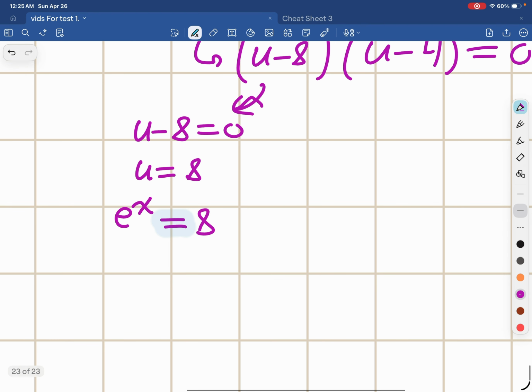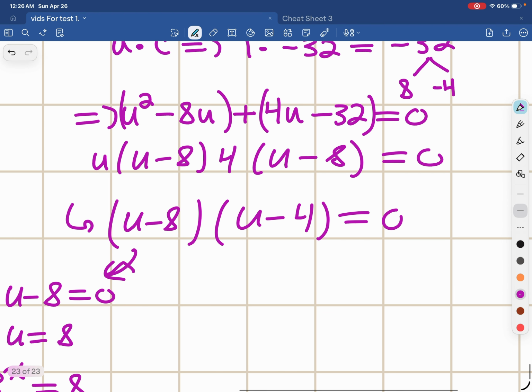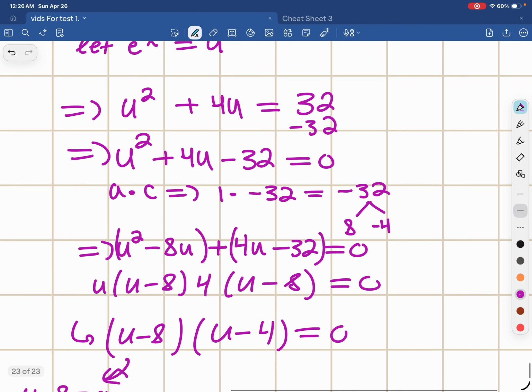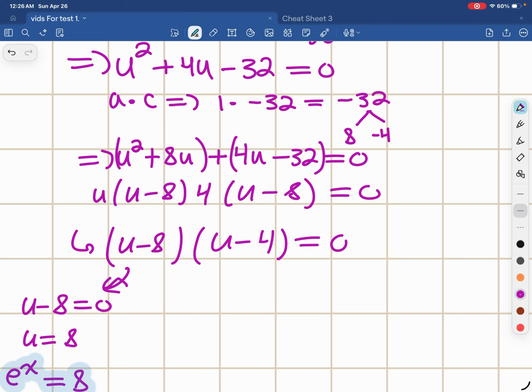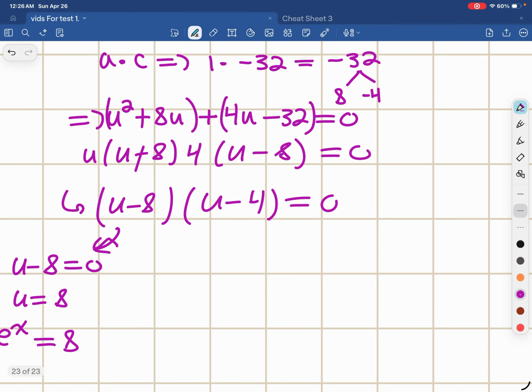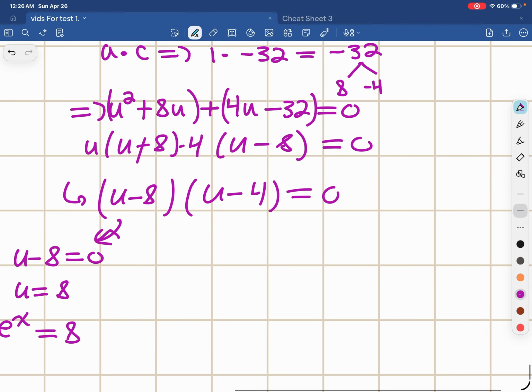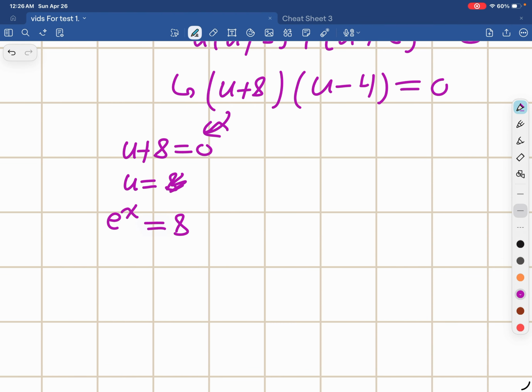Oh, this should actually be, hold on, I apologize, I messed up my math. Yes, this is where I messed up my math. This is going to be a plus and a plus. And then if we wanted to get negative 32, we'll take out a negative 4. So yes, this would be a plus and a plus. There we go. That's our mistake. My apologies for that. Make sure you remember your signs.